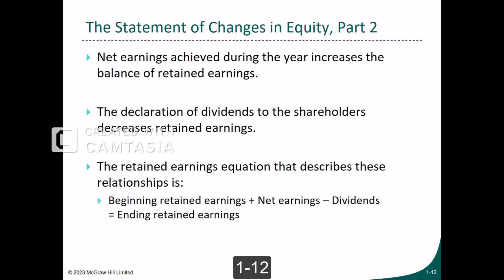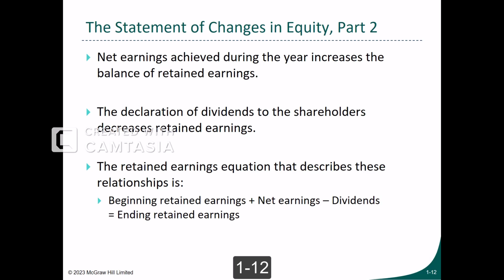So the statement of change of equity will show the retained earning at the beginning of the year plus the increase minus the decrease, which means plus the net income of the year minus the dividend declared during the year, equals the ending balance.